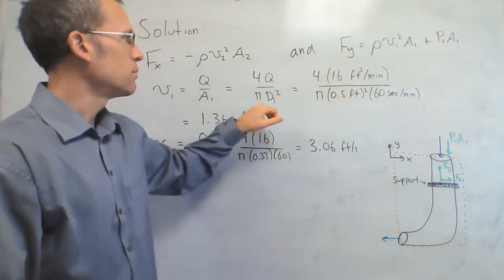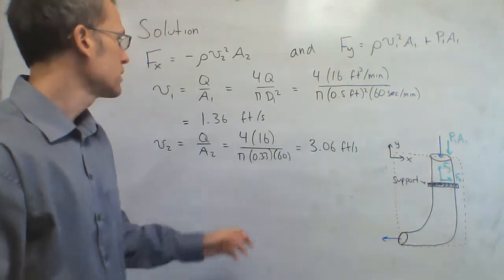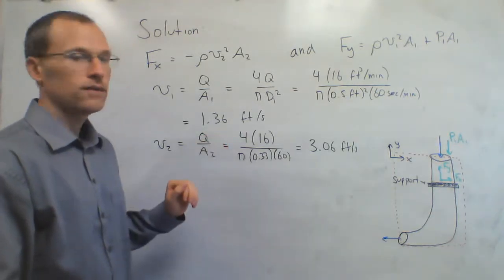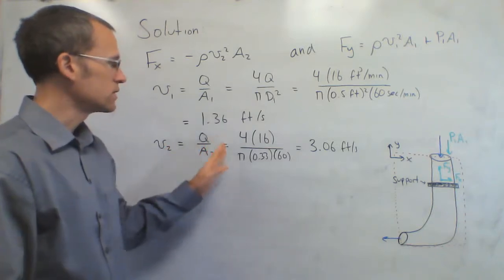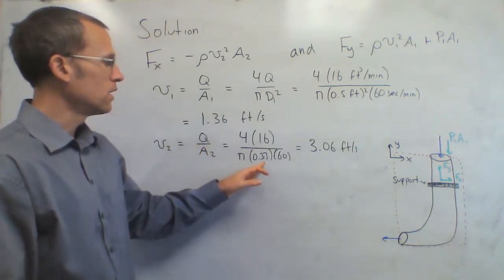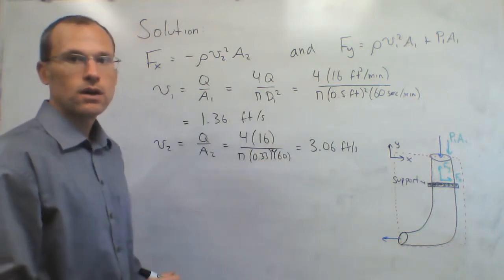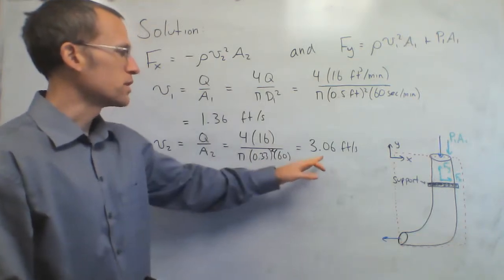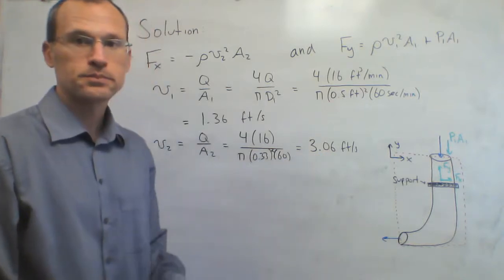Then pi, my diameter, 6 inches, 0.5 feet, squared. That gives me 1.36 feet per second for V1 coming in the top. Similarly for V2, with a 4-inch, 0.33 feet diameter, that gives me 3.06 feet per second coming out the bottom.